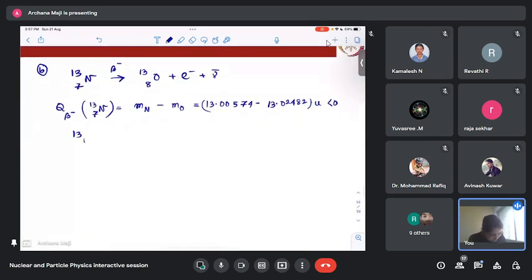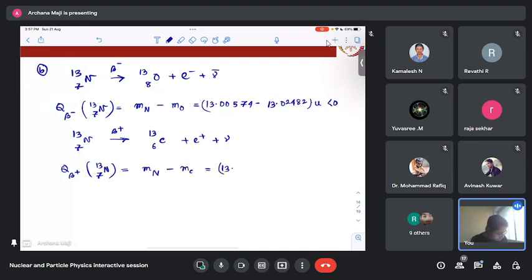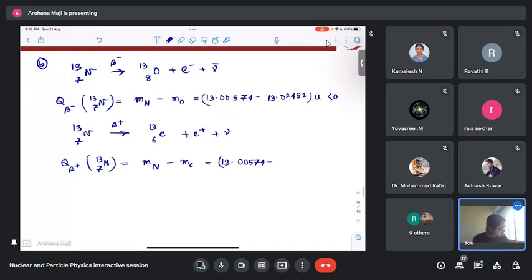Under beta plus decay, it will become carbon 13. The Q value is mass of nitrogen minus mass of carbon: 13.00574 minus 13.00335.